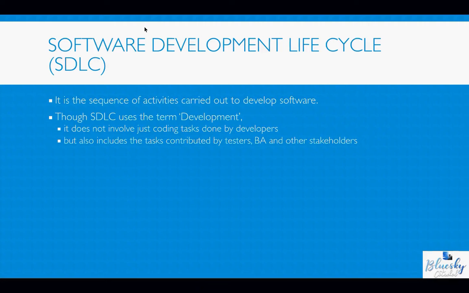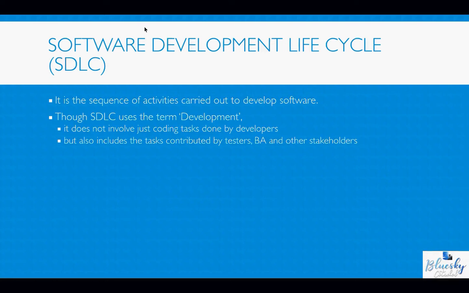So they are not only done by developers. It also includes the testers, the BA, the project manager if it's waterfall, or in the case of agile, the scrum master. It's basically the process, or sequence of activities, that has to be carried out in order to develop that particular software.